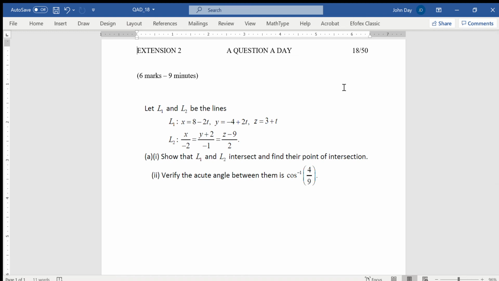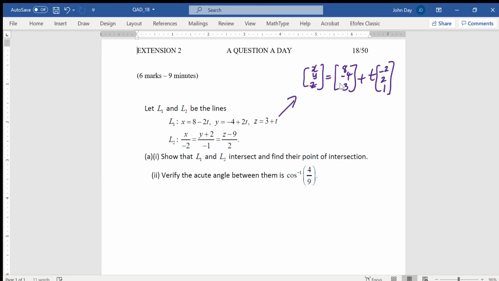Okay, well I'm going to write both these lines in this format. So line 1 is xyz equals the point (8, -4, 3) plus, let's call this t, times (-2, 2, 1).